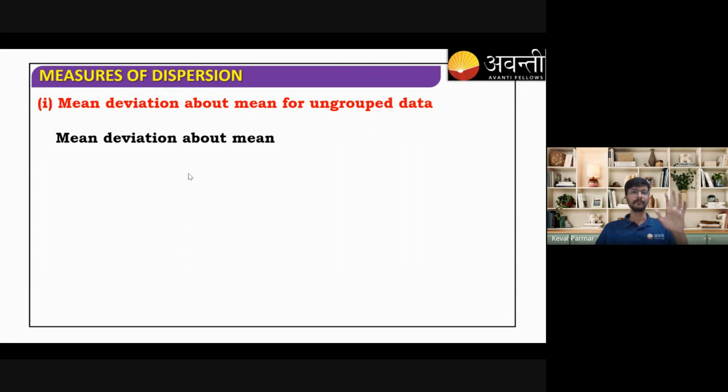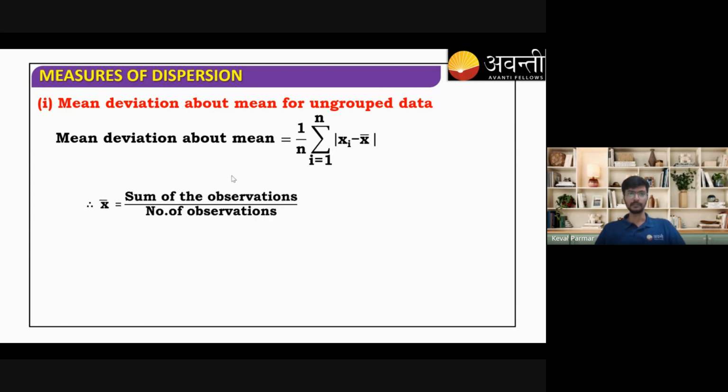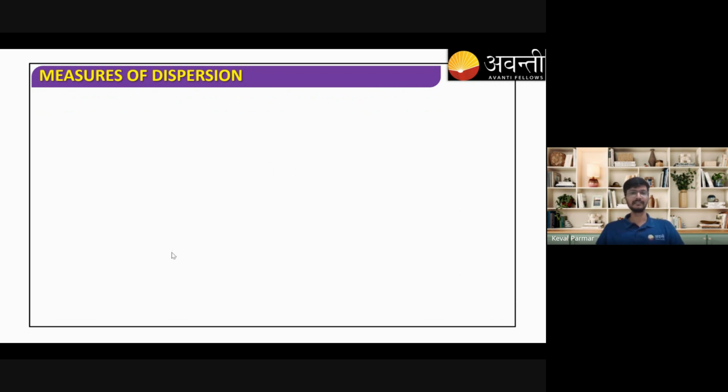This is the formula which we saw in the last lecture, where x bar is the sum of all observations upon number of observations. I know we have done this in yesterday's class also, but it's fine, we'll revise it. Where x bar is mean and n is number of observations.